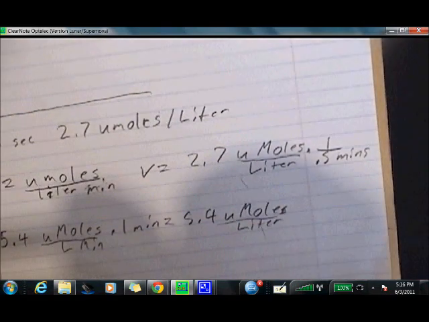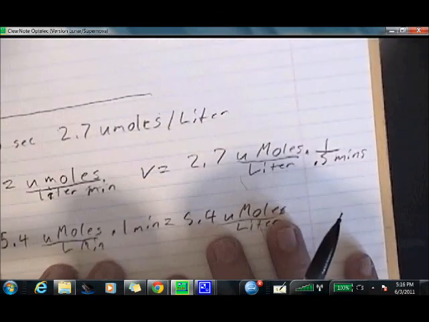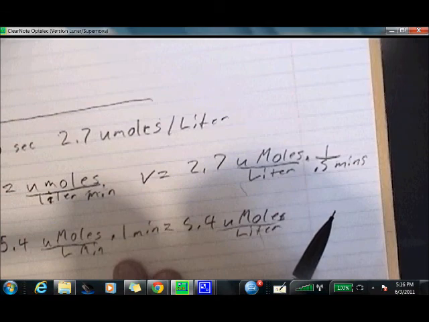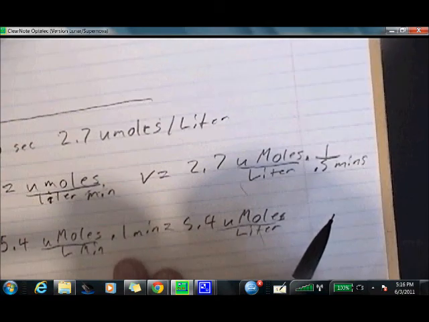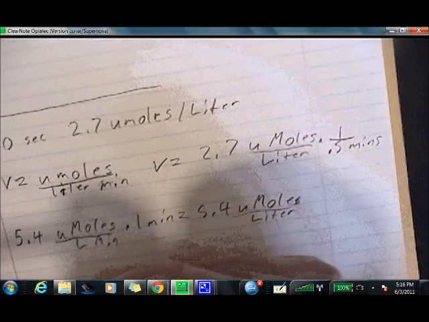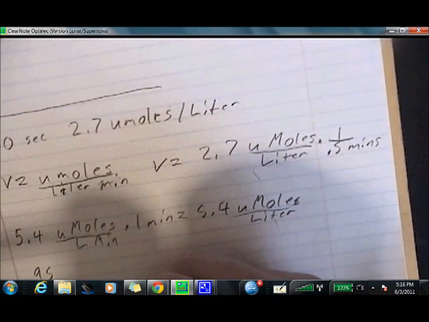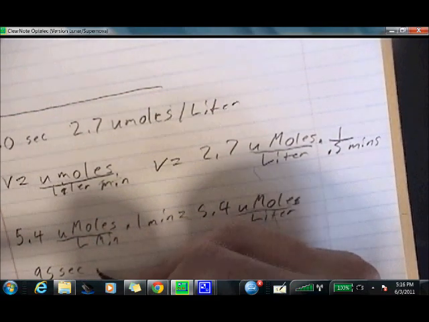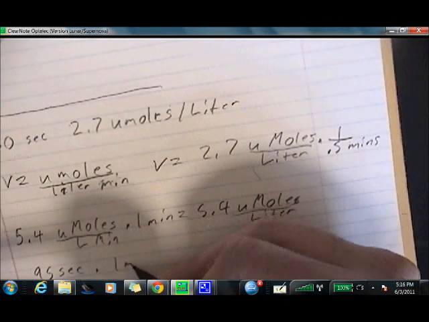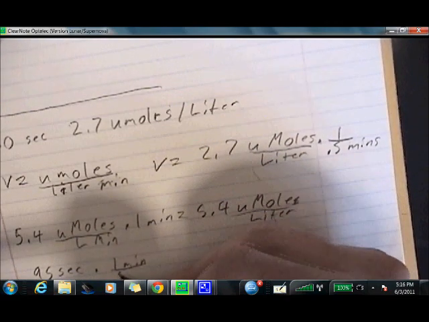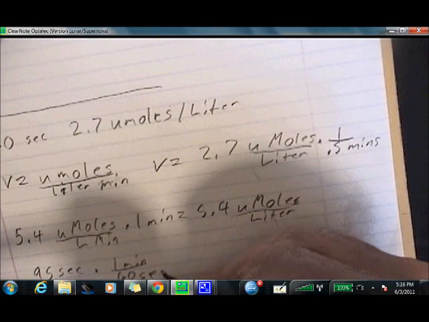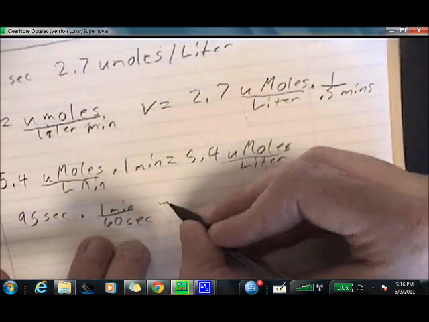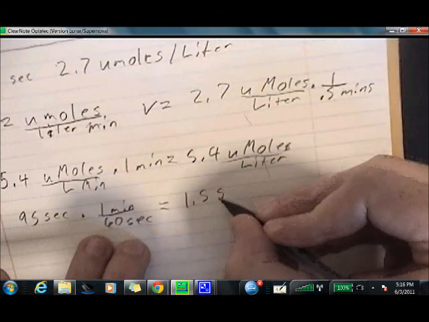Using this formula, all you're going to do is convert every single one of your times into minutes. So when they give us 95 seconds, we multiply it by 1 minute over 60 seconds. Seconds are going to cancel out, and we're going to be left with 1.58 minutes.